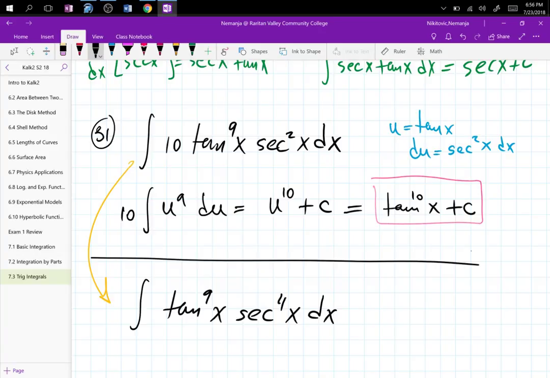No, you have to keep the pairing. The pairing is secant tangent. You are not allowed to break the pairing. This is amazing. What? Tangent squared x plus 1. Yes, Pythagorean identity.